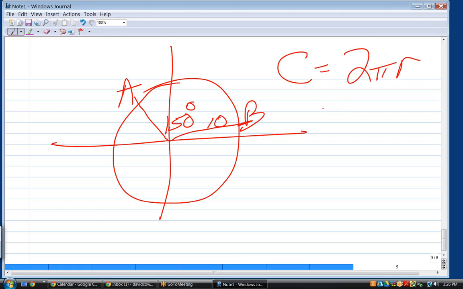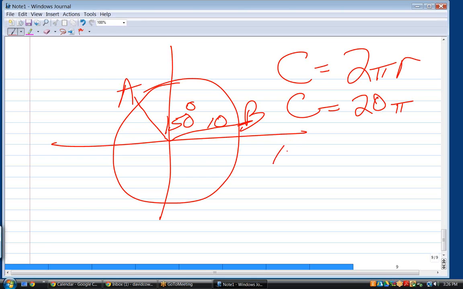In this case, what does that equal? The radius is how much? The radius is 10. 2 times 10 is 20 pi. Okay, so that's the circumference of our circle. What percentage of that do we have?